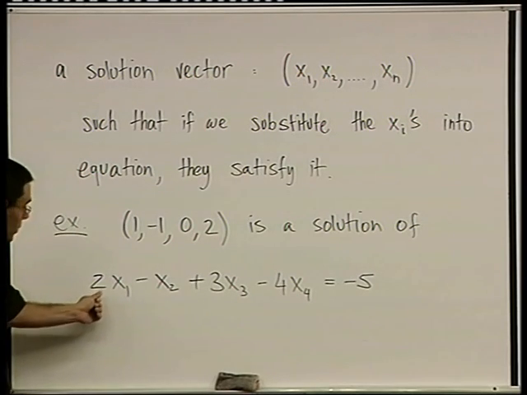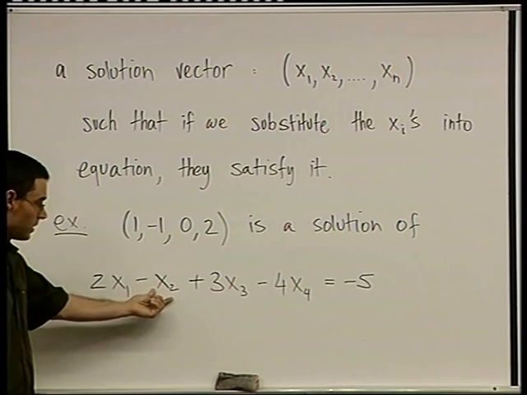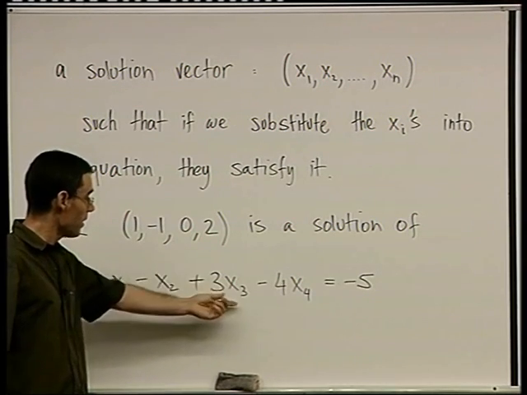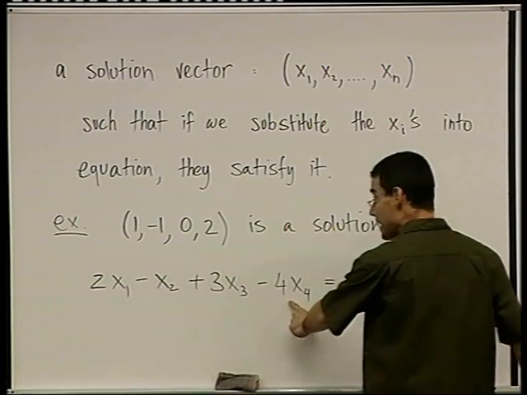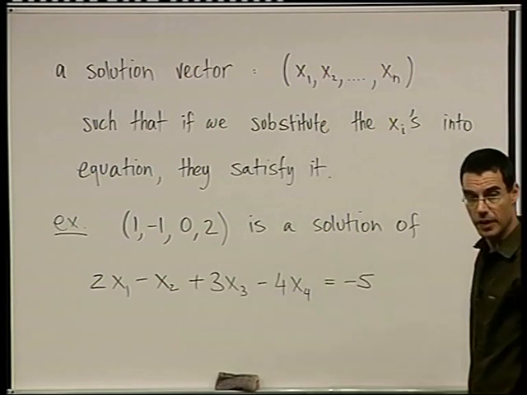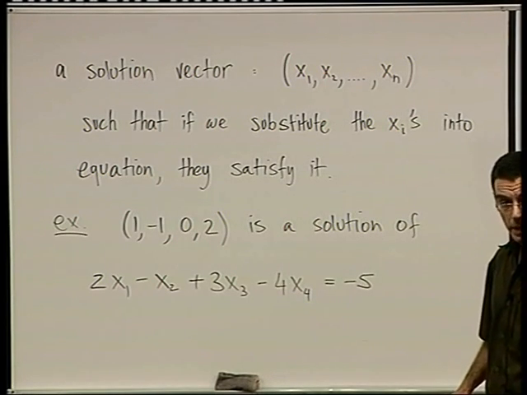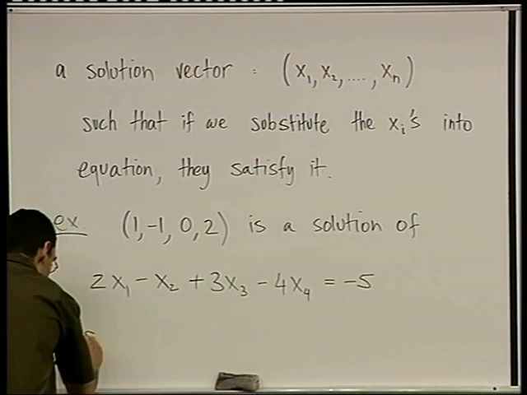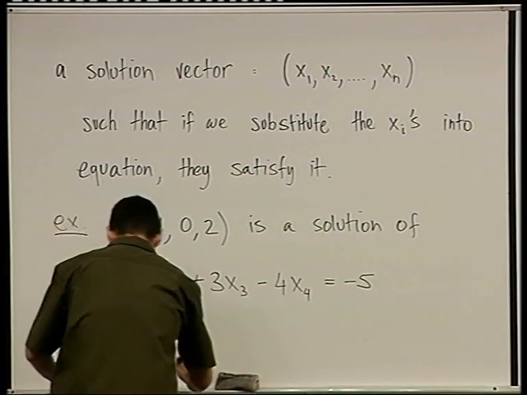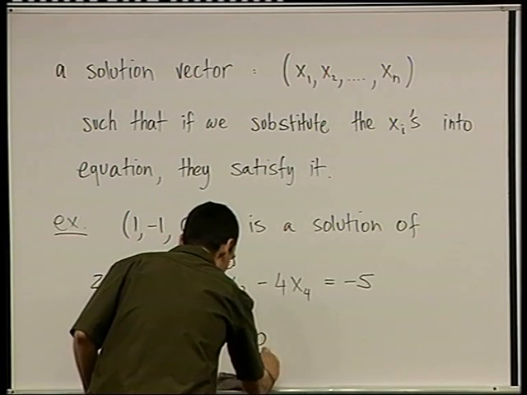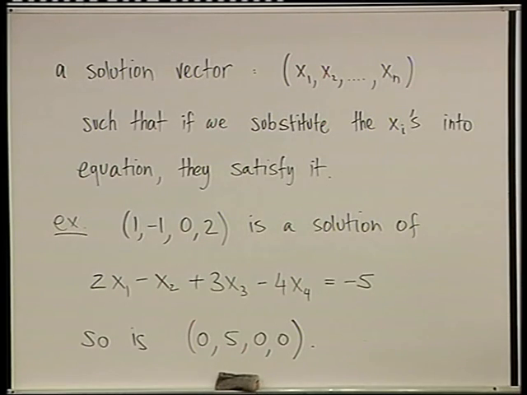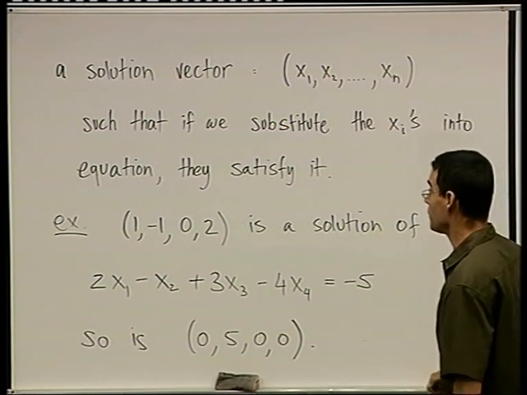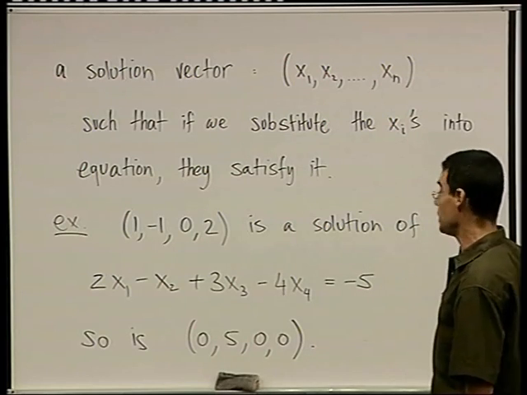So this is 2 minus 1, so it's 3 plus nothing, because we're plugging in a 0, so it's 3 minus 8, right? 3 minus 8 is -5. It's indeed a solution. Good, everybody? So is 0, 5, 0, 0. This is also a solution of this equation. It's even more straightforward to verify. Do you agree? Okay, so that's the notion of a solution, or a solution vector of a linear equation.